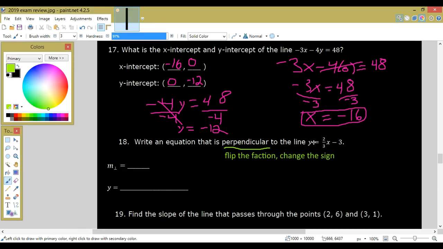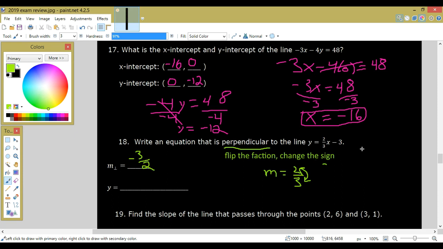It's in the y = form, so that means your m, your slope, is what's in front of the x, which is 2/3. So if you flip that fraction and change the sign, it's now going to be -3/2. That's your new slope.